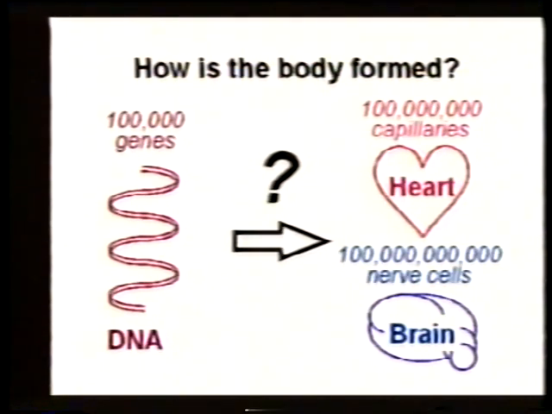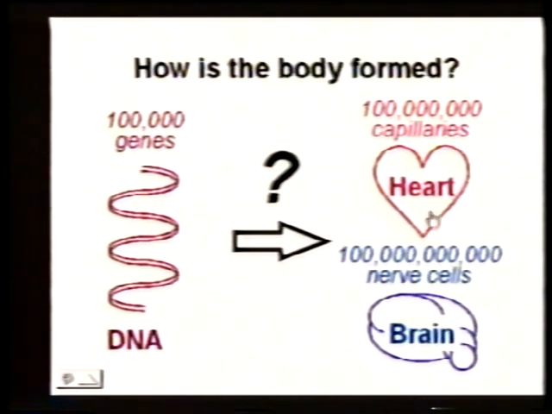So this raises a question about what's going on in how the body is formed and how genes are expressed to determine shape in the body. In some ways, what's hard to understand is why we only have 10 to the 5th genes, 100,000, in the DNA in the human body.